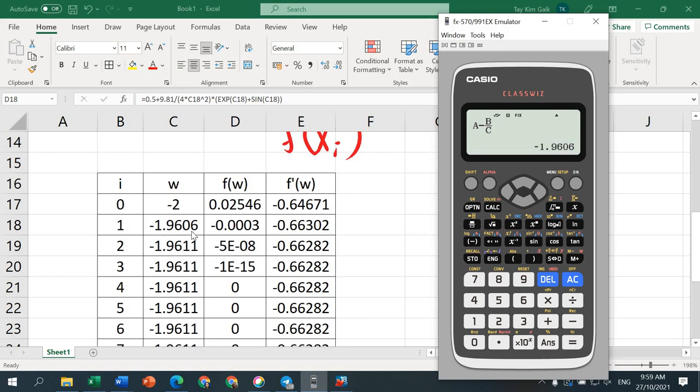Here negative 1.9606, and then you search back the function W, you calculate, I use back the answer.